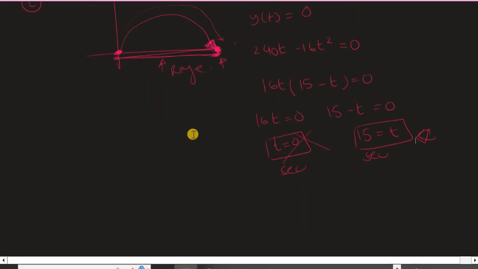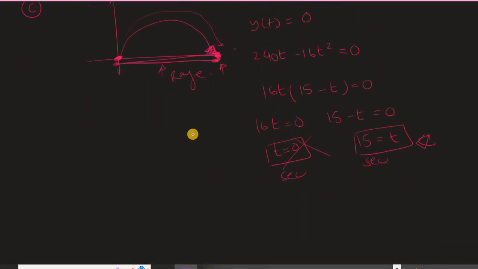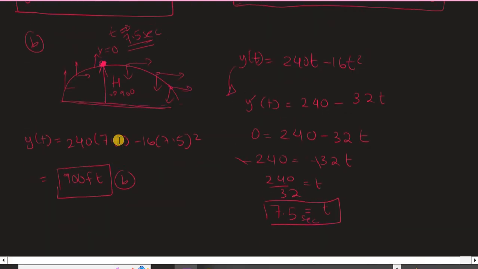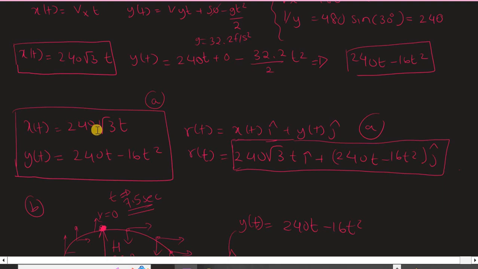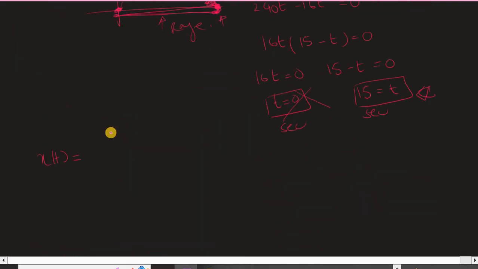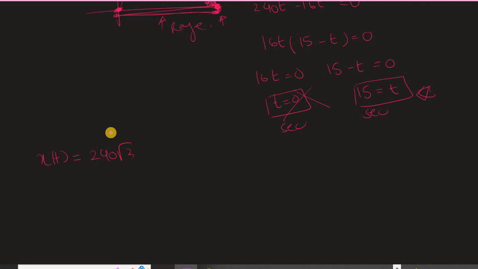So 15 seconds. Now we will just plug this into the x equation. Let's check what x of t is, which is 240 square root of 3 times t. Plugging in 15 into this equation, 240 square root of 3 times 15 gives the displacement of 6235.4 feet.